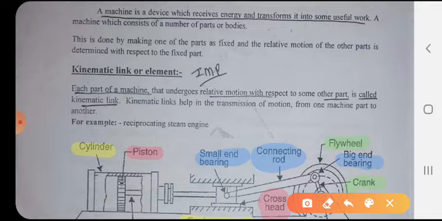Therefore, a link may consist of one or more resistant bodies which are rigidly fastened together so that they do not move relative to one another.